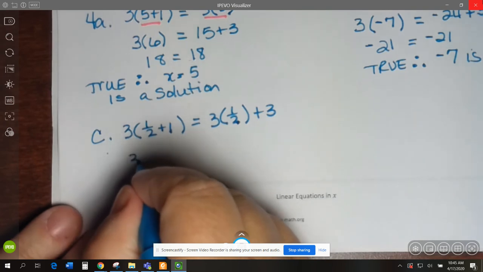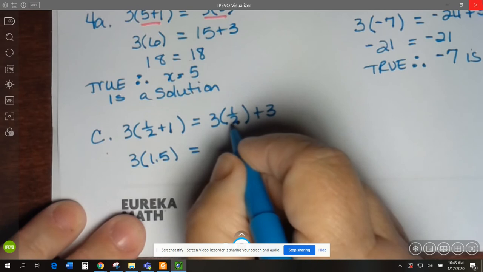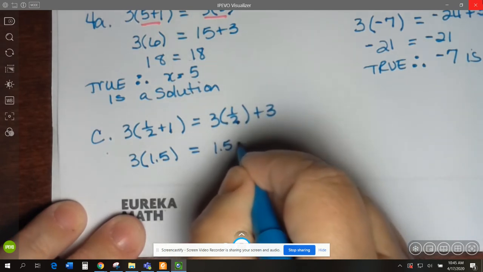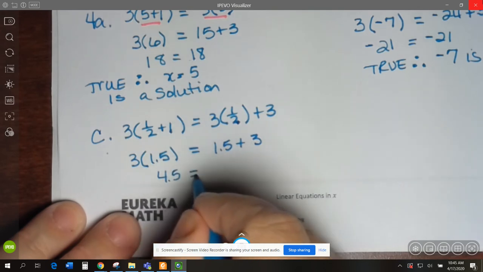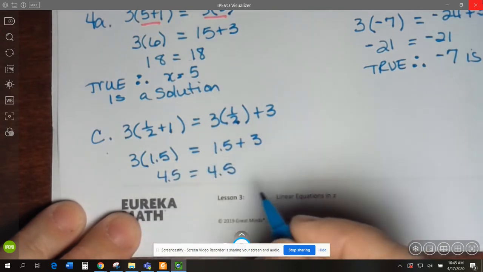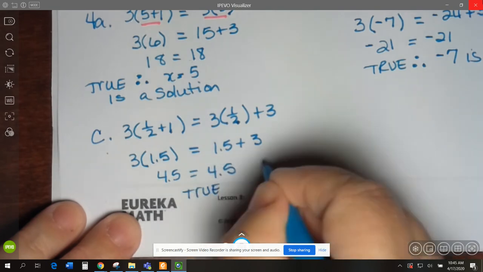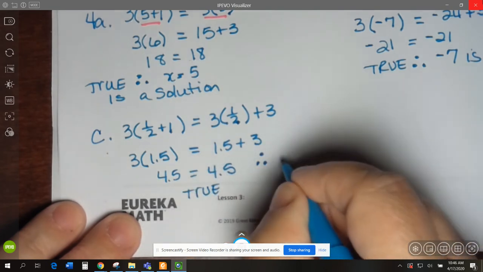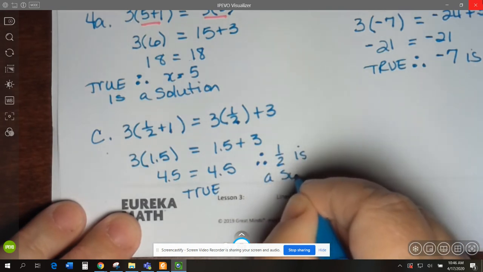So this is going to be 3 times 1.5 equals, what's half of 3? 1.5 plus 3. It's going to be 4.5 equals 4.5. So this is true. Therefore, 1/2 is a solution.